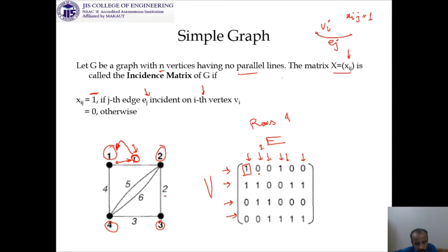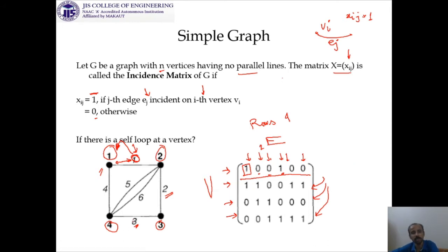Look at this, the edge number 2 is not incident on the vertex number 1, that is why it is 0. The edge 3 is not incident on 1, but the edge 4 is incident on 1, so it is 1. Edge 5 and edge 6 are not incident on 1, so it is 0 0. If these first line entries are clear, then the others are just the repetition of the logic according to the vertex edge relationship.